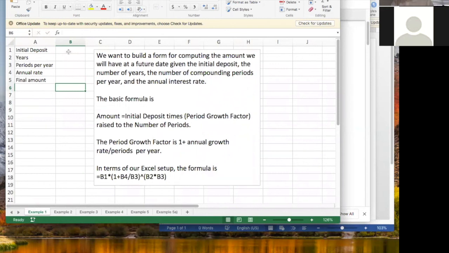We're going to do an initial deposit. I'm going to make the initial deposit $1,000. I'm going to look at 5 years, 4 payments per year. The annual rate is whatever annual rate I'm going to start at.